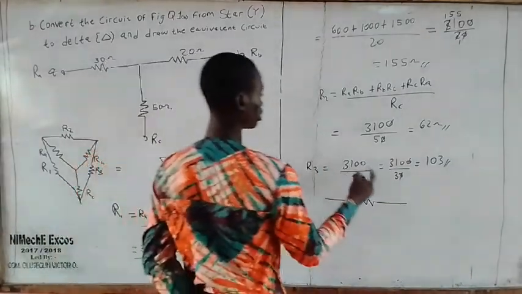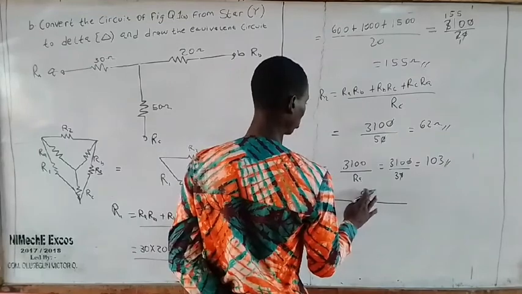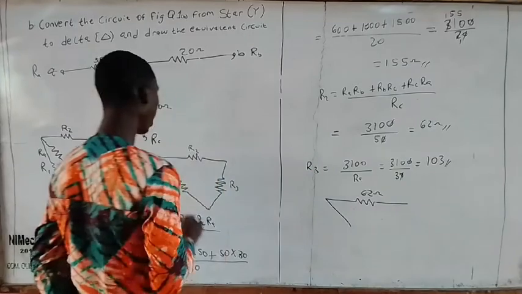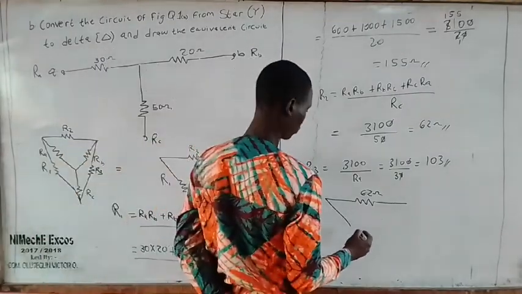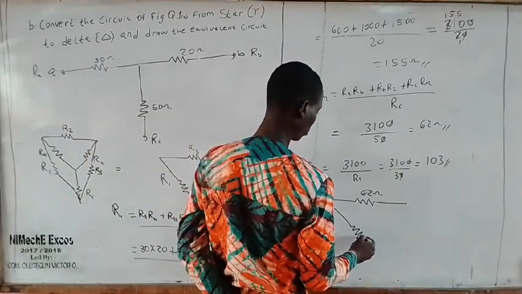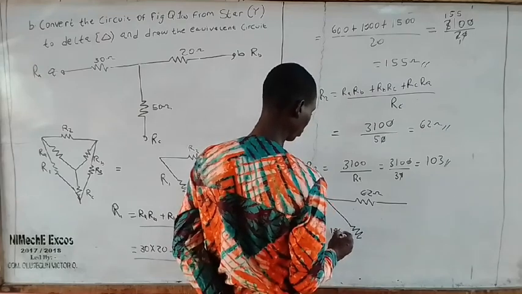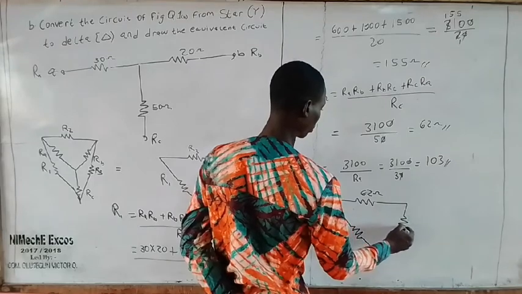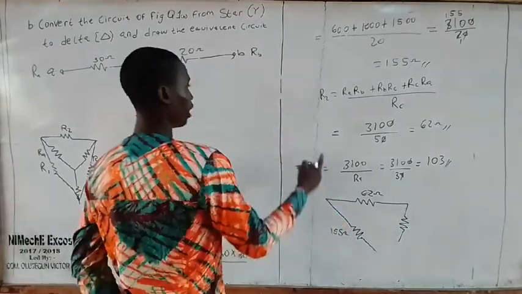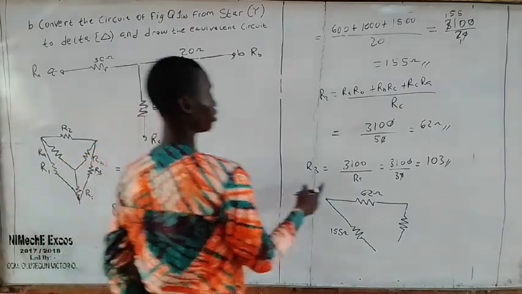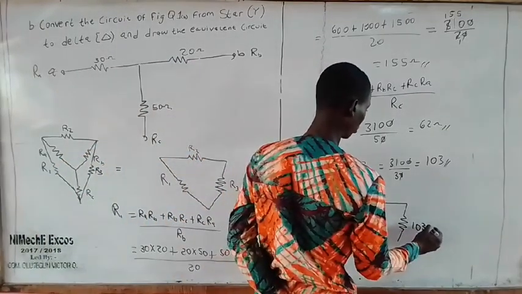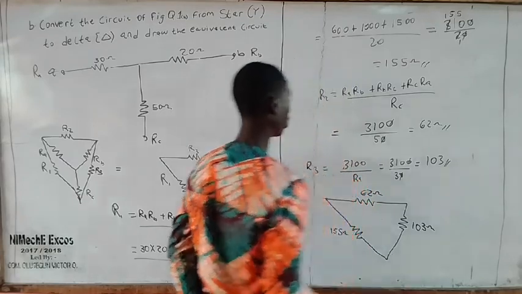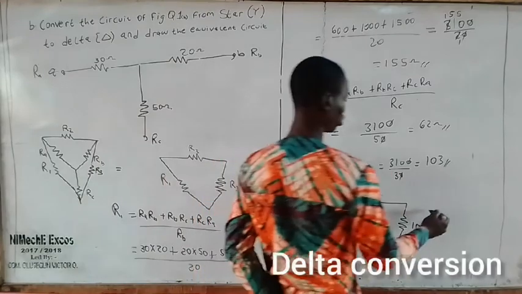My R2 line is going to be 62 ohms, my R1 will be 155 ohms, and my R3 will be 103 ohms. Just make sure you put the unit there. All these things cancel. And this is my conversion to delta.